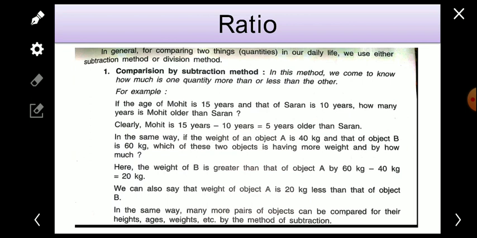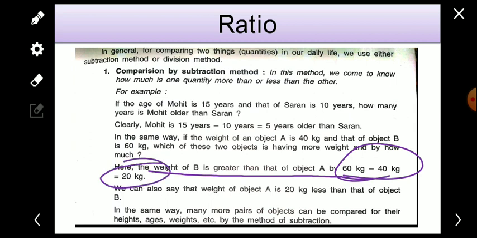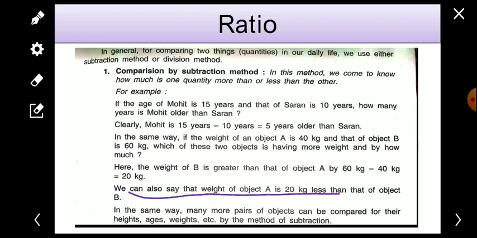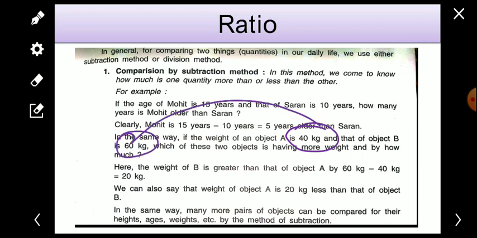So here we can get that the weight of B is greater than that of A by 60 kg minus 40 kg, it means 20 kg. So we can also say that the weight of object A is 20 kg less than that of object B. So in two ways we can say either that object B has 20 kg more than object A, otherwise we can say that A has 20 kg less than that of object B.